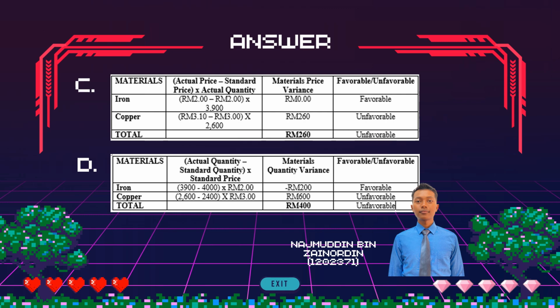This value is favorable. For copper, we have to calculate 2,600 minus 2,400 times RM3, and we get the value of RM600. This value is unfavorable.